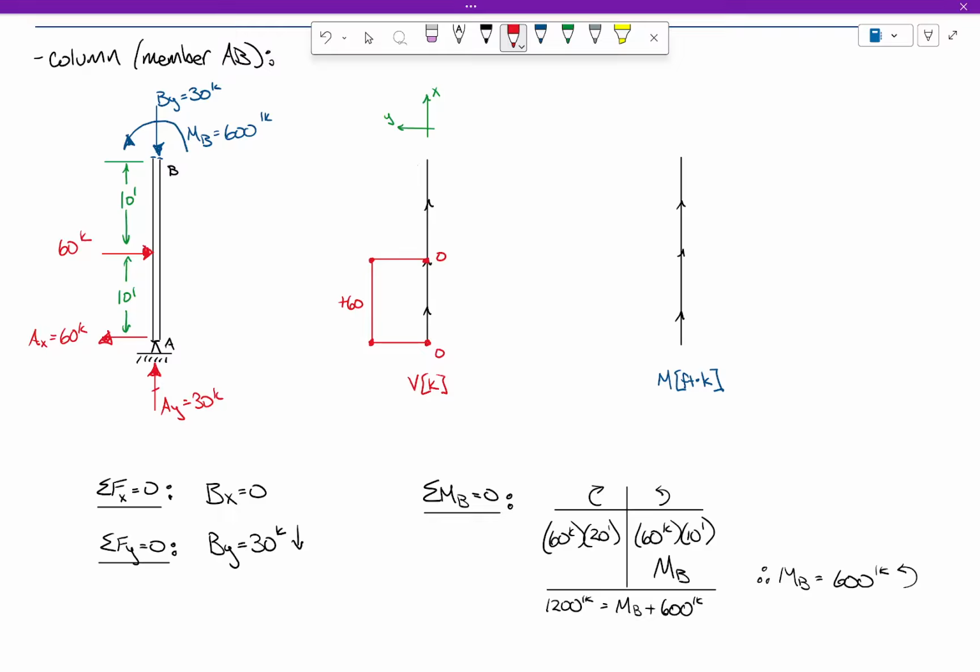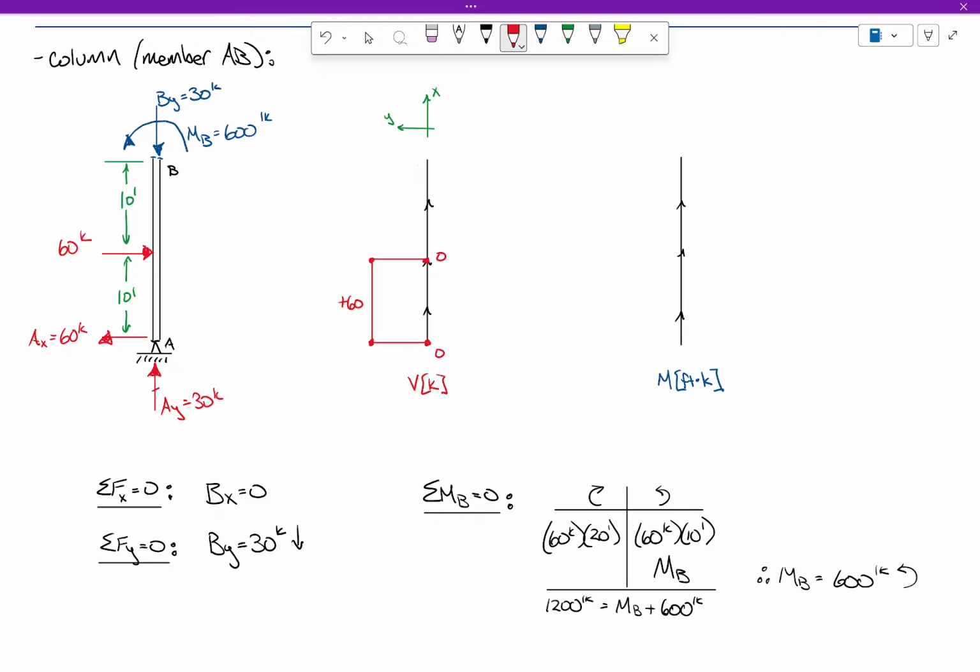It will draw shear diagrams and moment diagrams from lower numbered joints to higher numbered joints. We don't have letters for joints in software packages. We don't have joint A, joint B, joint C. We have joint 1, joint 2, joint 3, joint 4. So it will always plot from a lower number joint to a higher number joint.